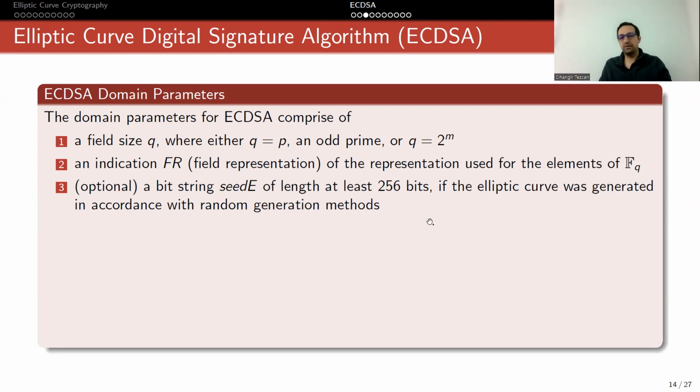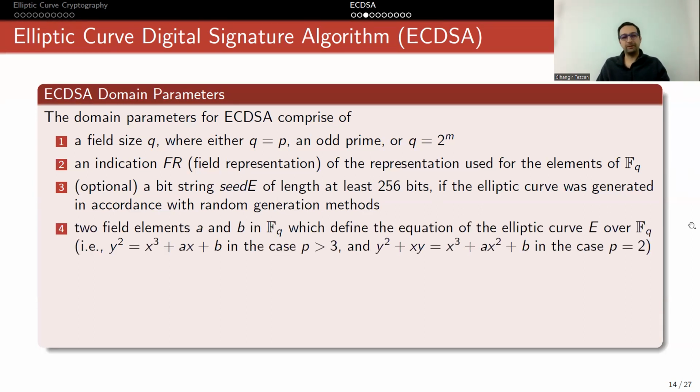Okay, so if you do this, then you have to show your seed value just to show that you didn't choose a bad elliptic curve and you didn't put a backdoor in. 2 field elements A and B in FQ, which define the equation of the elliptic curve E over FQ. Like for the case of large primes, the elliptic curve is represented as y square equals x cubed plus ax plus b. So this was the representation I used so far.